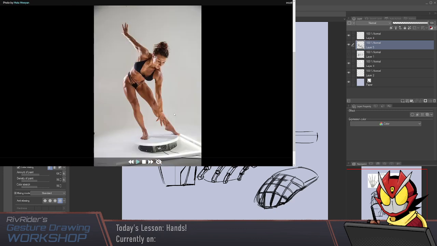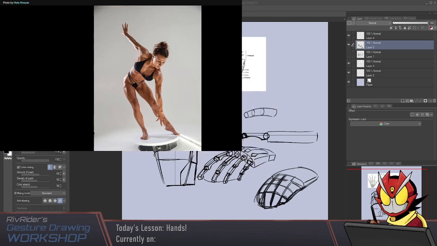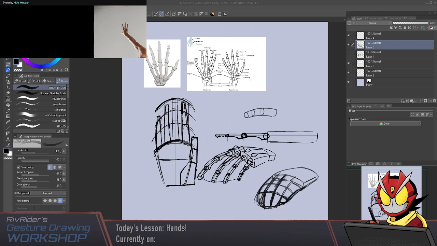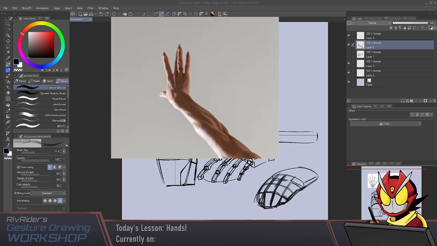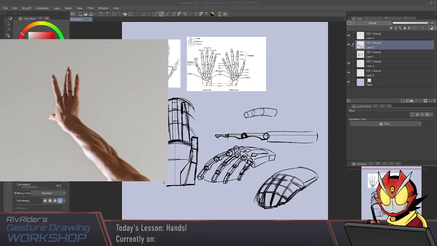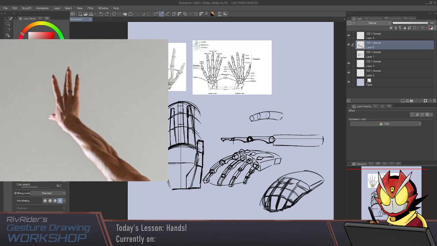Let's do this one up here. It'll help for talking about gesture. I will hone in on it. Let's find the gesture of this hand. The boxing gloves one looks good.